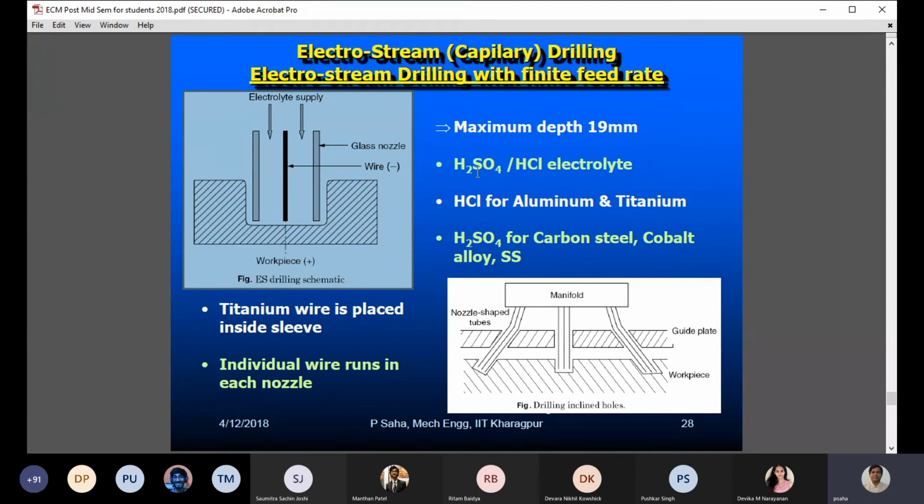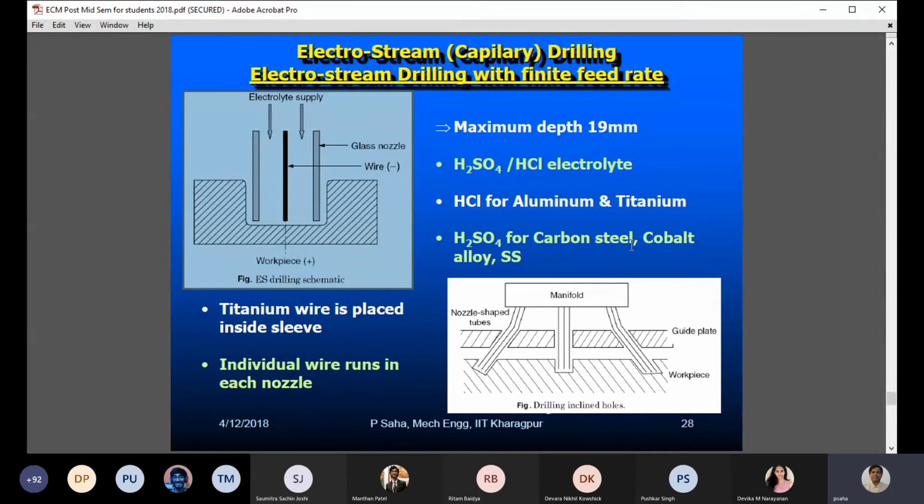Here we use H2SO4 or HCl as the electrolyte. HCl we use for aluminium and titanium, and H2SO4 we use for different grades of steel.